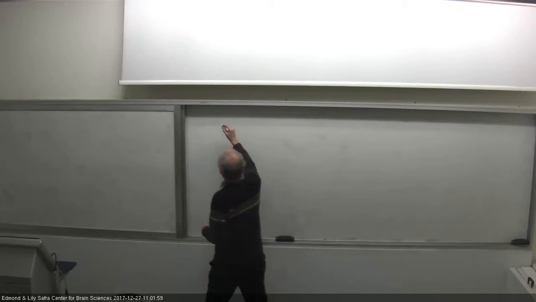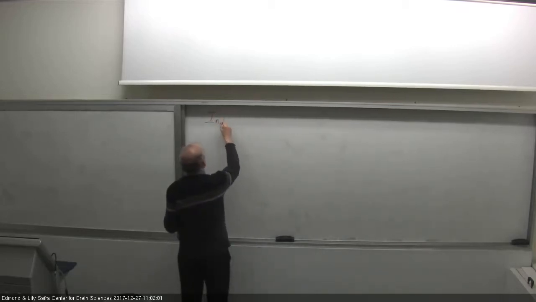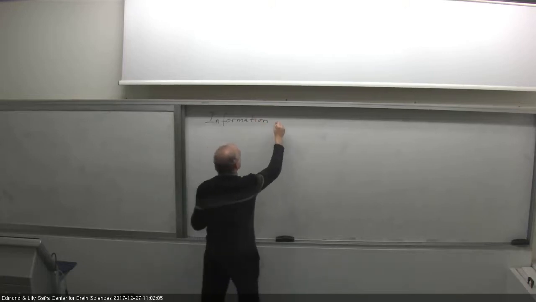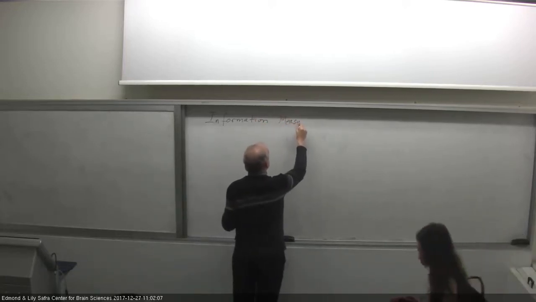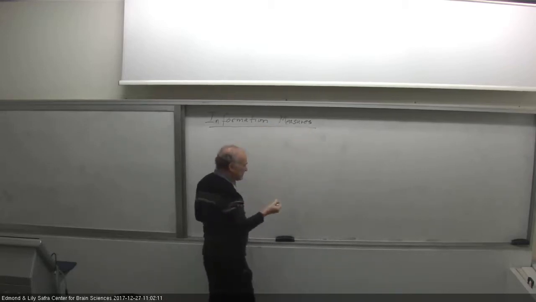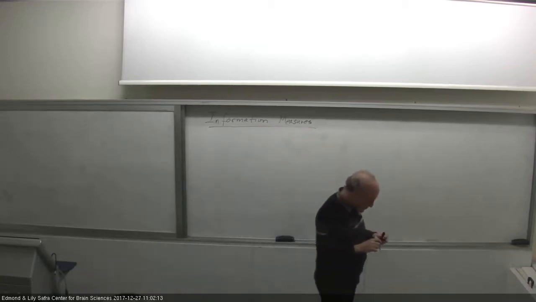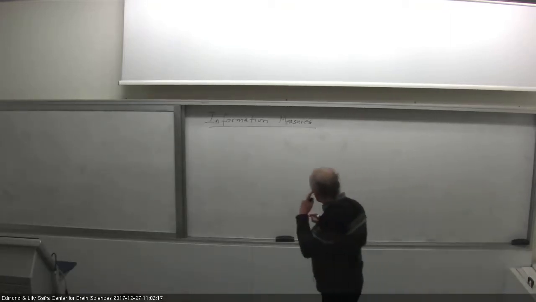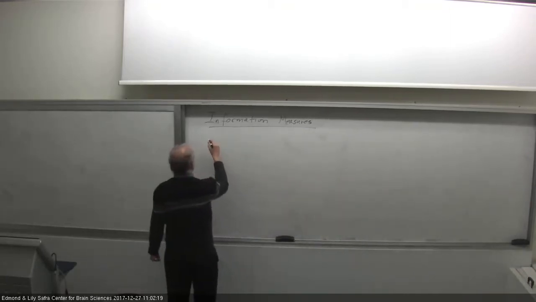So we started to talk about information measures, which is actually a very big and very rich topic. So we're just talking about, at this point, Shannon information measures, and I just want to remind you what the functions we're talking about are.